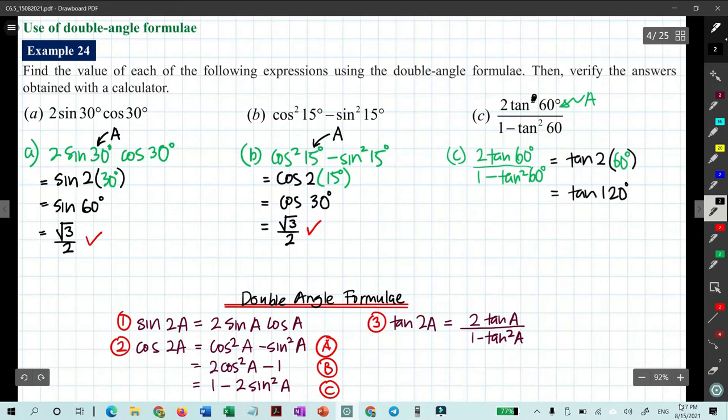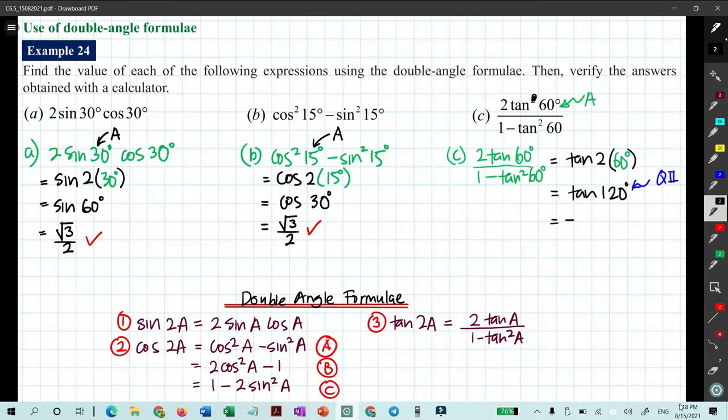When you simplify this, you get tangent 120. For your information, 120 is an angle in the second quadrant, and tangent is going to be a negative value in the second quadrant, so I put a minus sign. Let's find the equivalent reference angle for 120.